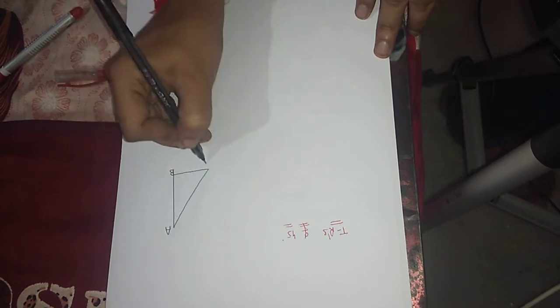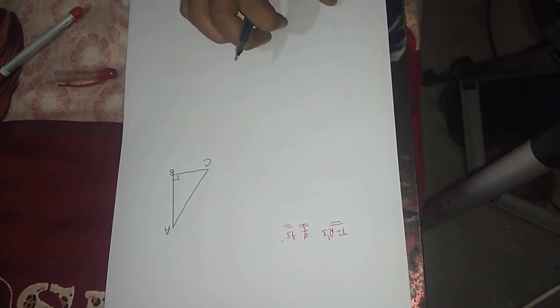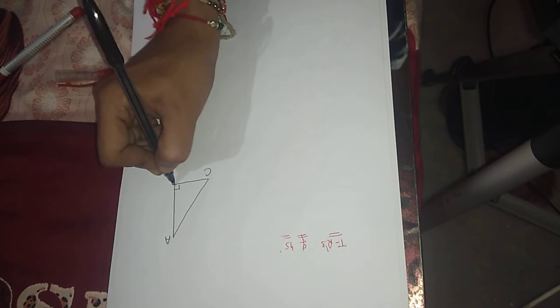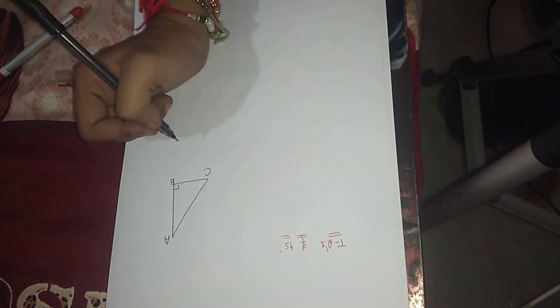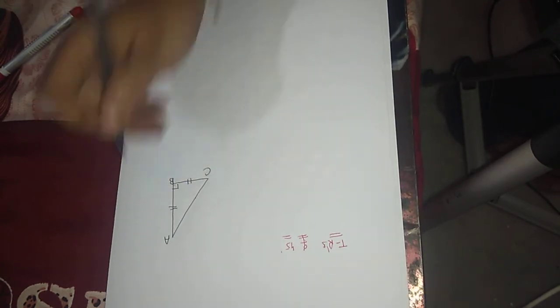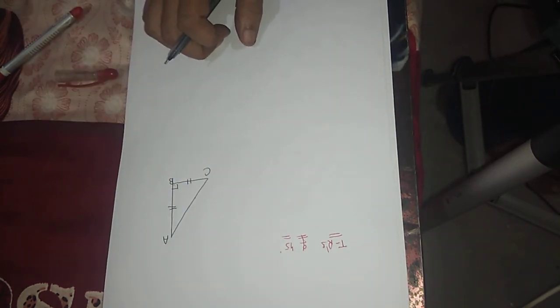Suppose A, B, C having angle B at 90 degree. Since it is an isosceles right triangle and the side opposite to 90 is the hypotenuse, which is the longest side of the triangle, obviously BC and AB would be equal to each other, because in an isosceles right triangle two sides are always equal.